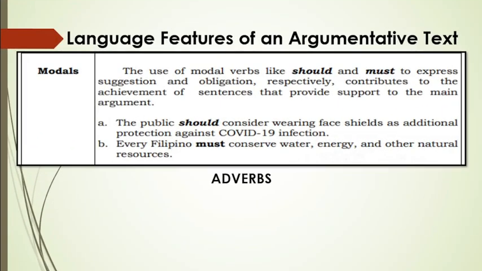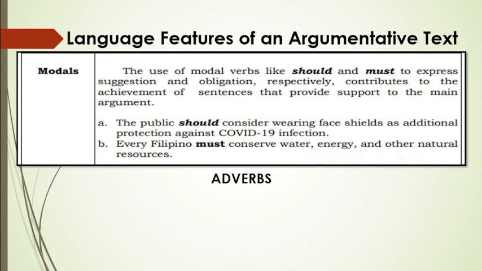Now, in addition, there are language features that you should use in an argumentative text for a more effective way of persuading or convincing your readers. The use of modal verbs like should and must to express suggestion and obligation respectively contributes to the achievement of sentences that provide support to the main argument.